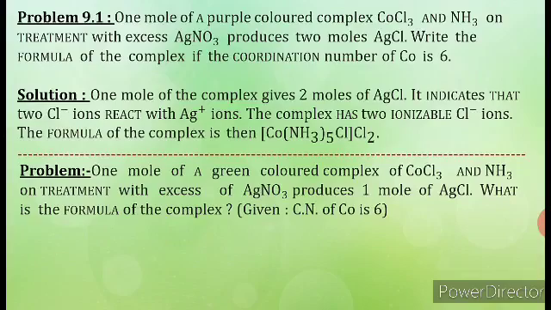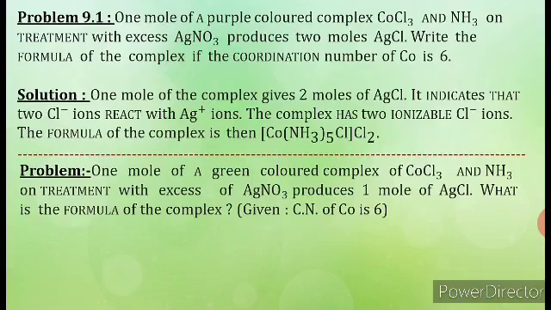Again the same. Now, excess of AgNO3 you have added to an ammonia and chloride cobalt complex. Then only 1 mole of silver chloride is generated. Means out of 3 moles of chloride ions, only 1 mole of chloride ion is free to react with silver nitrate.